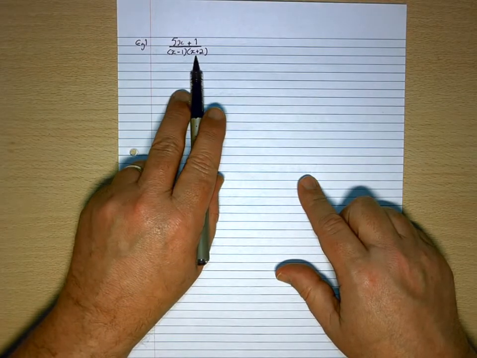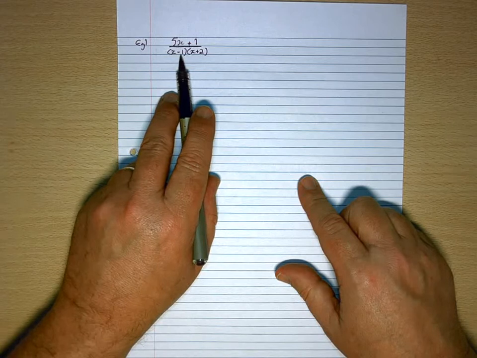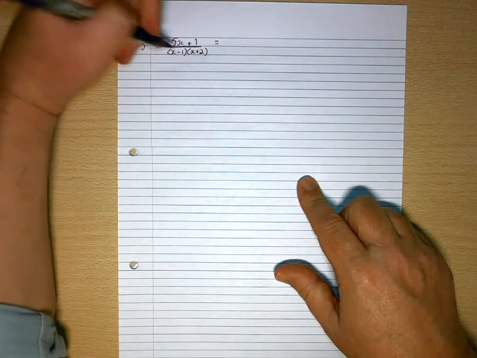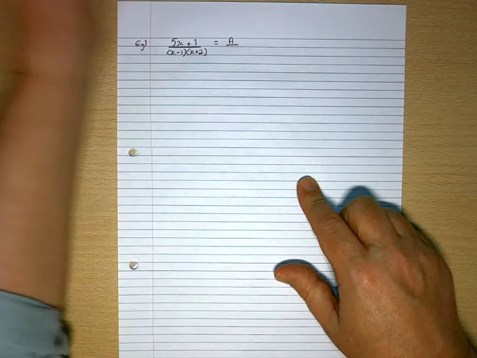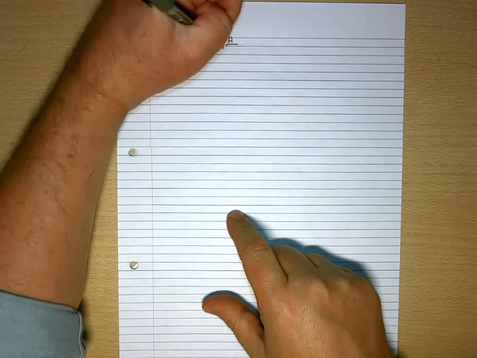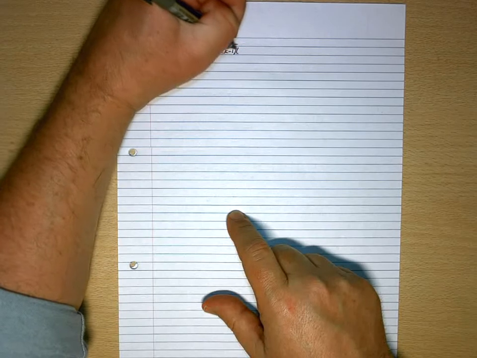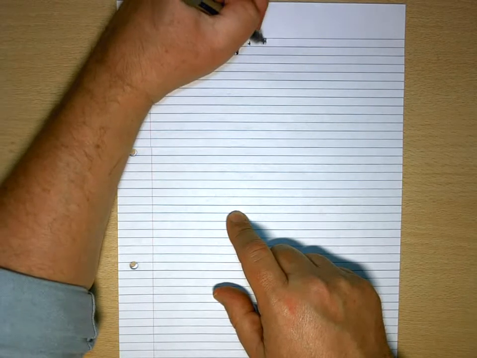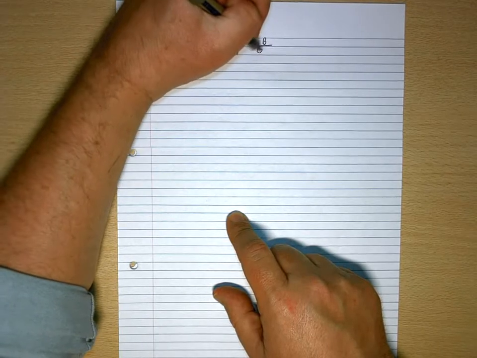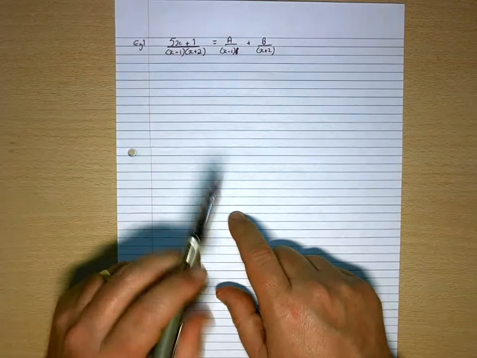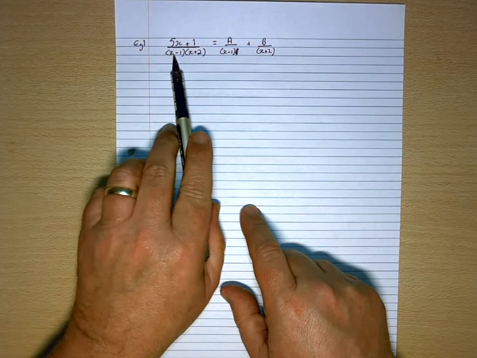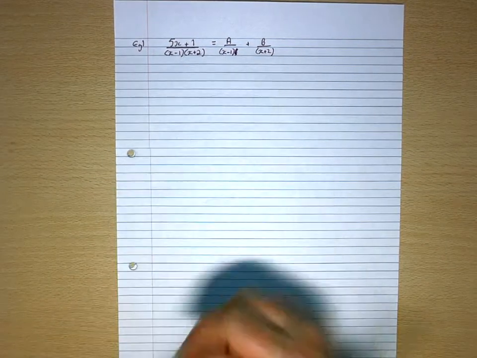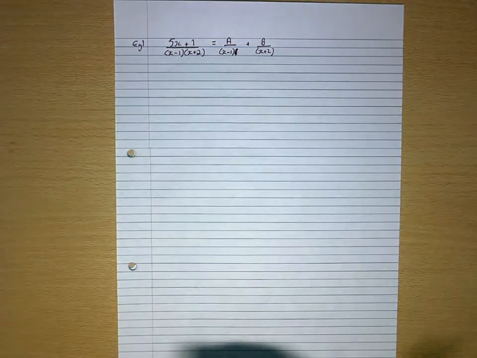Now for each one of those, the numerator is going to be a constant. So for this one, we're going to have some constant a, and then for the x plus 2, we would have a different constant b. And that's the spot that you have to make. Linear factors, so it's a over one of the linear factors plus b over the other.